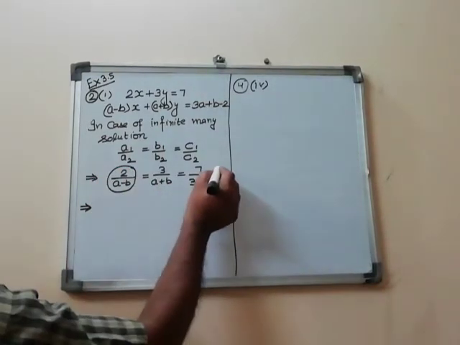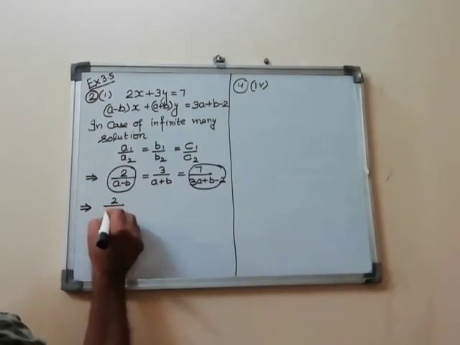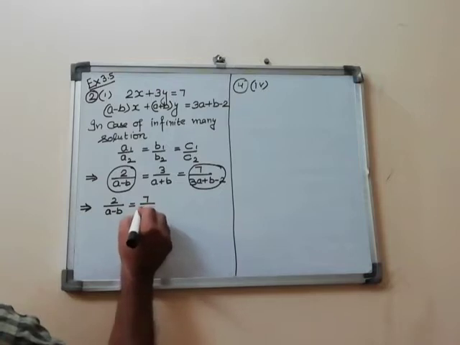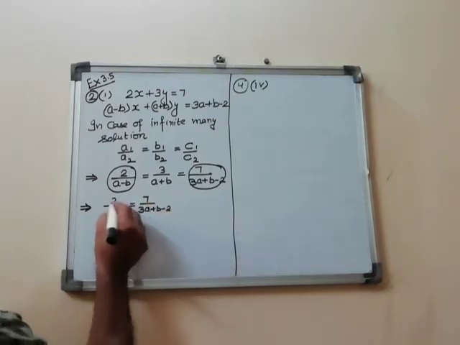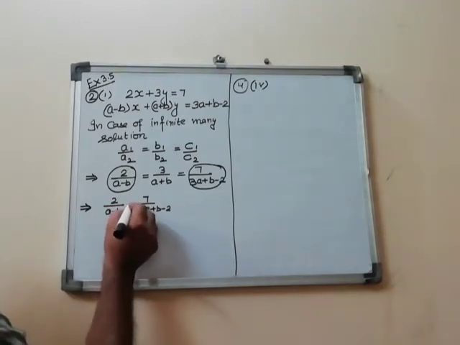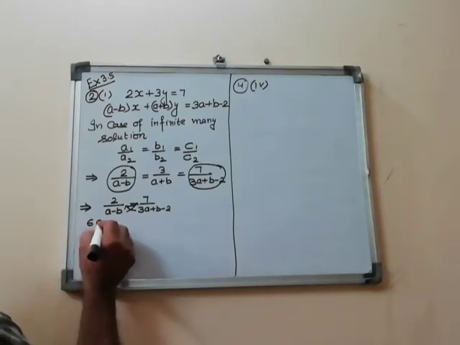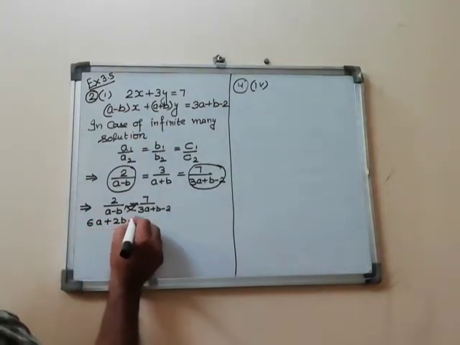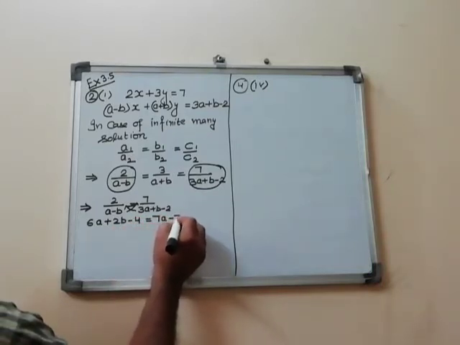Consider this equal to this. Suppose 2 over a minus b is equal to 7 over 3a plus b minus 2. By cross multiplication it will become 6a plus 2b minus 4 equal to 7a minus 7b.